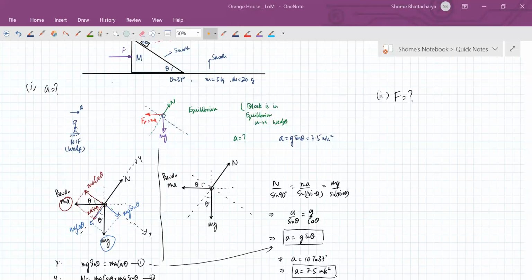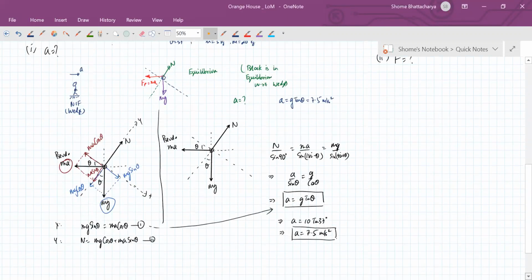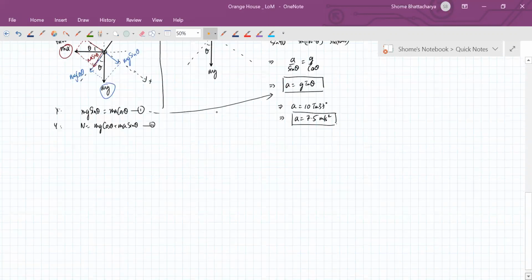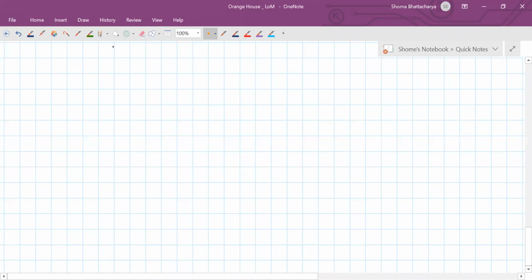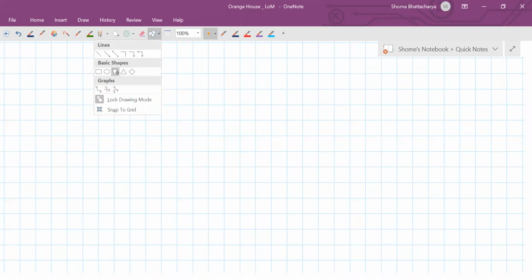Okay, let me explain how you will get the force applied. Now we have two options actually. One is a slightly more difficult option, and one is comparatively an easier option.